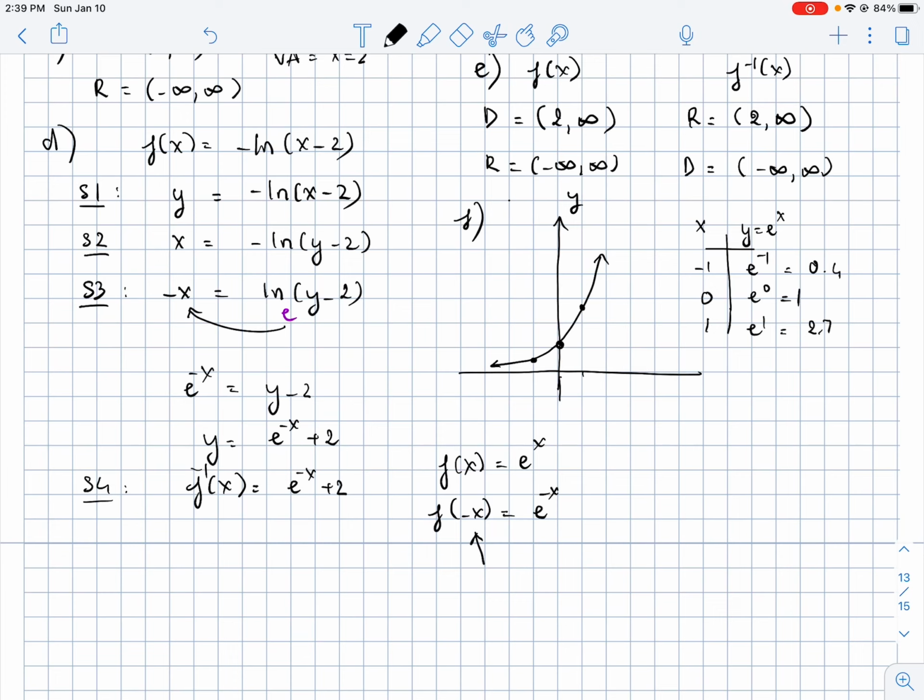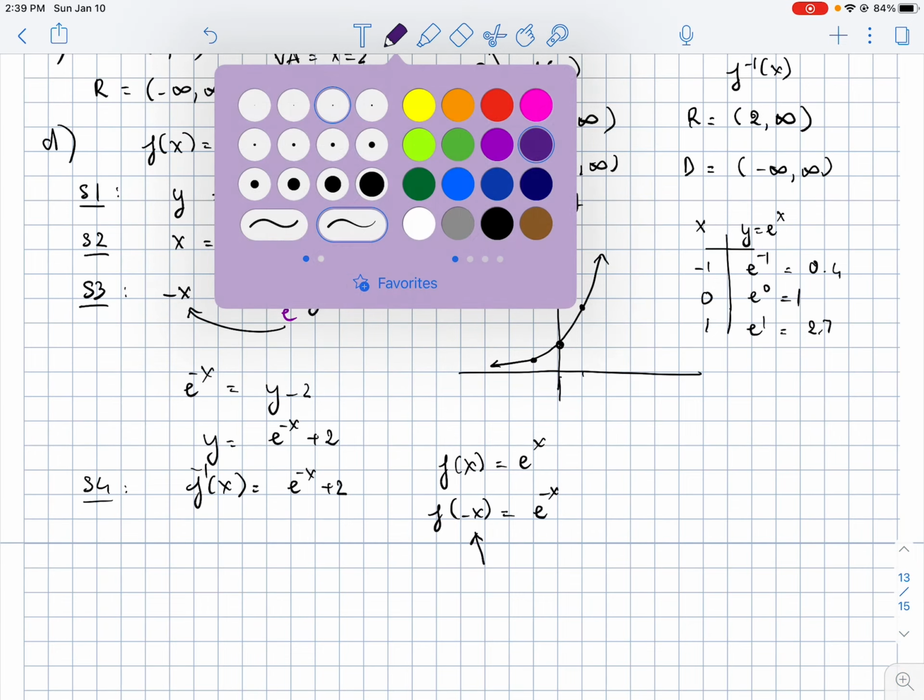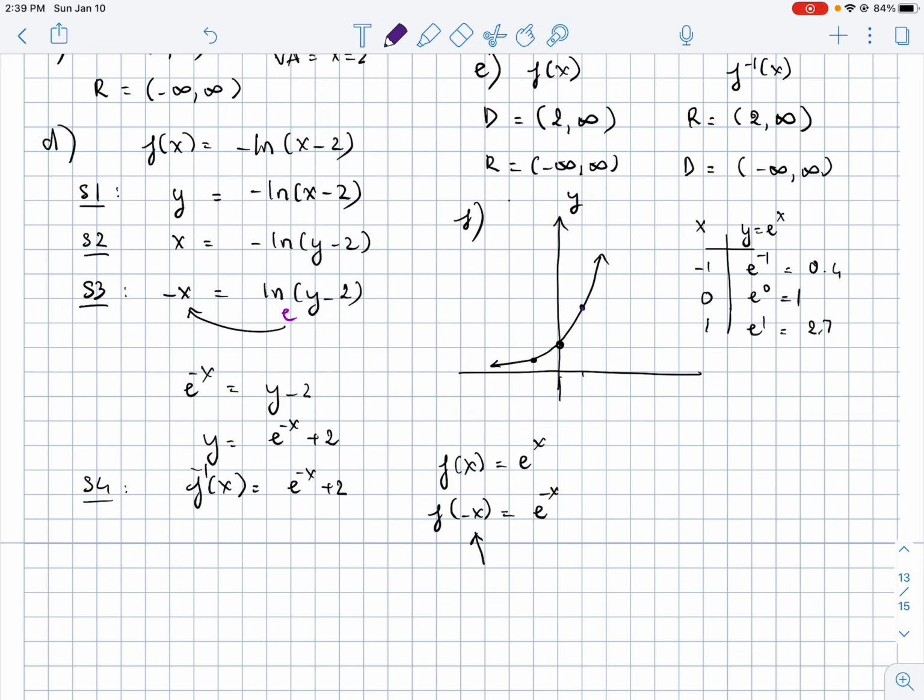So we can see that if you change the sign of the input, you will get a reflection about the y-axis. So let's call this the point A, then the reflection will be this point. And the point 0, 1 will be the same. And let's call this the point B. The image will be like this.